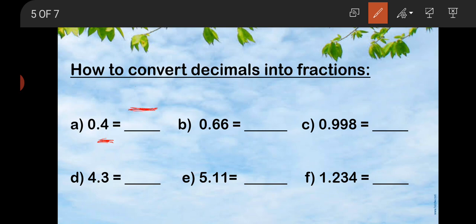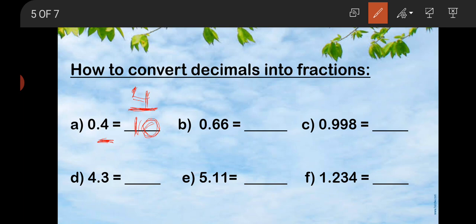First we will write 4 in the numerator. Okay. Now we are going to write 10 in the denominator. Why 10? Because the number of digits after point is 1. So it means we are going to write 10 here.